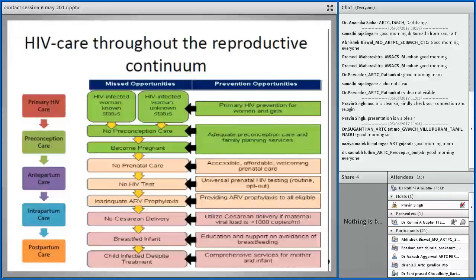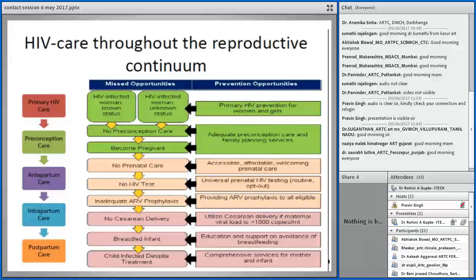During pregnancy, doesn't receive any prenatal care, no HIV testing, inadequate ARV prophylaxis. According to the US guidelines, should have undergone cesarean, doesn't undergo cesarean, breastfeeds the baby, and the child gets infected despite treatment.